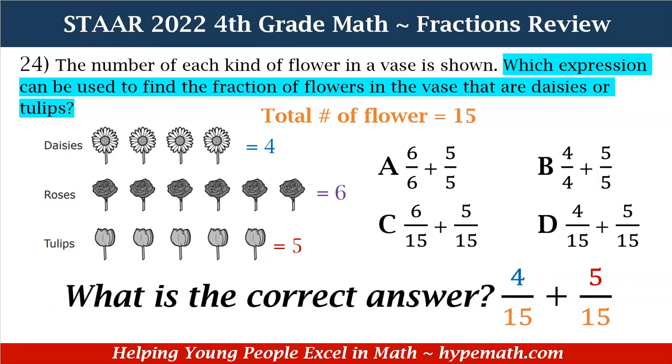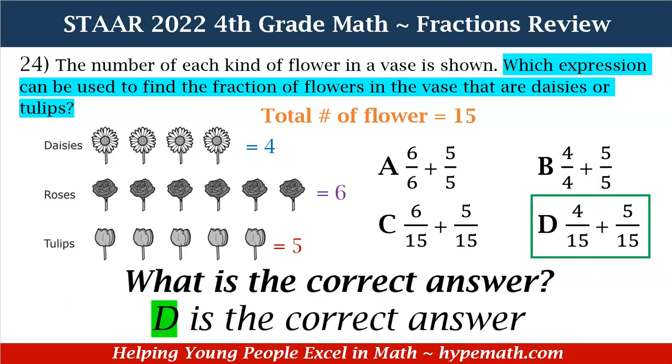So what is our correct answer? All we need to do is look at our answer choices to see which one has 4 over 15 plus 5 over 15. Do you see it? If you said D, you're absolutely correct. That is the correct answer.